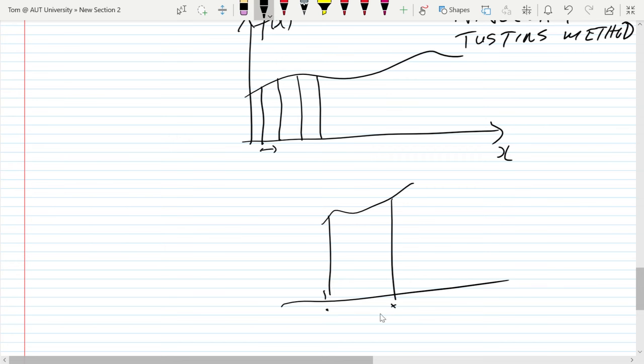I can see straight away that if I'm going to work out the area under there, I'd have to work out that area and then the next one and the next one and add them all up. But how do I do it? I could, for example, do this. Now, if you do that, that's approximating the area to a rectangle. And it's known as rectangular integration.